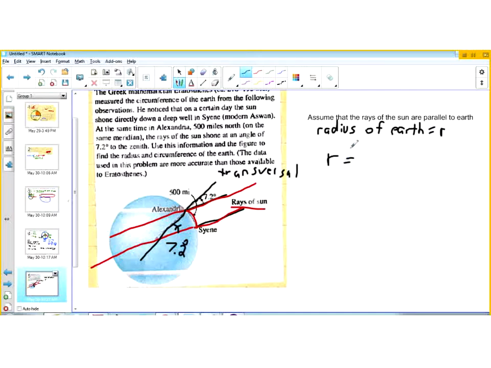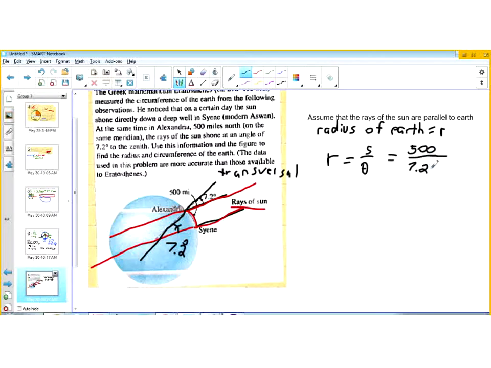Using the formulas, we know that r is equal to s over theta. And s in this case is 500, that's the arc length, and theta is equal to 7.2 degrees.